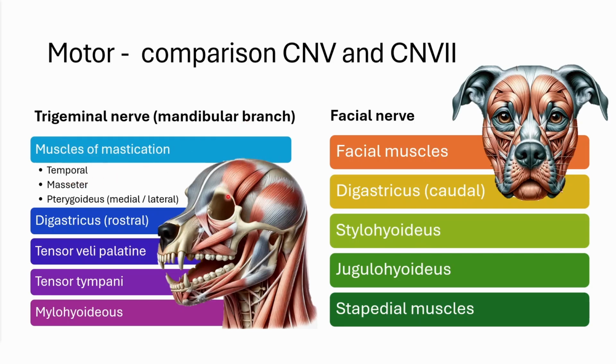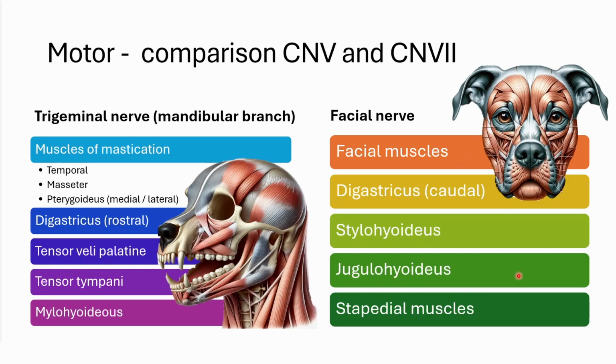So those are the big muscles of the head. If you think about yourself chewing something, then it's those muscles which are working. So the temporalis muscle, the masseter muscle, the pterygoids medially, the digastricus, and also some minor muscles which we're going to mention a couple of these later, such as the tensor veli palatini, the tensor tympani, and the mylohyoideus.